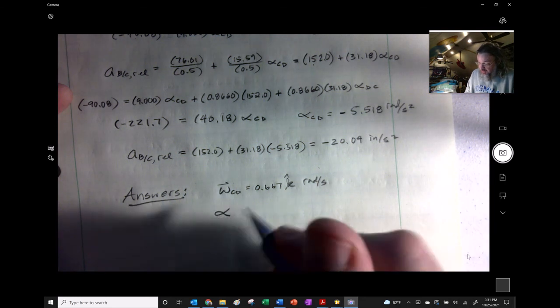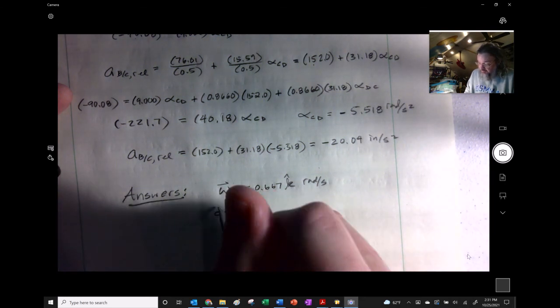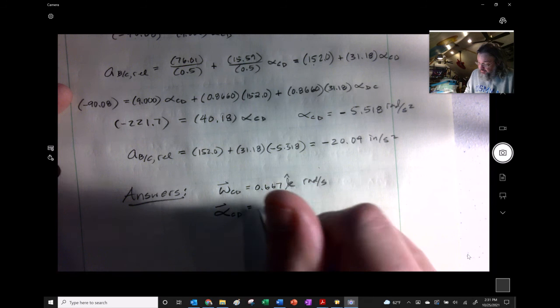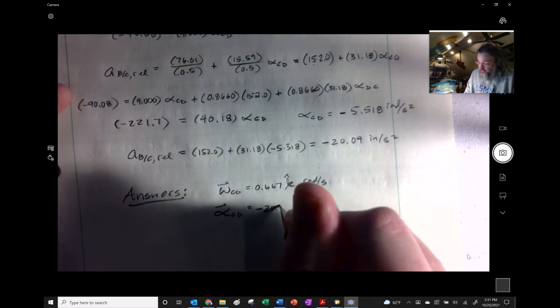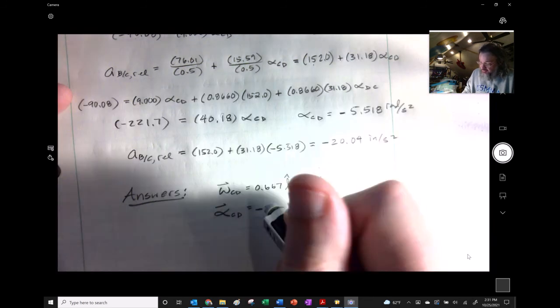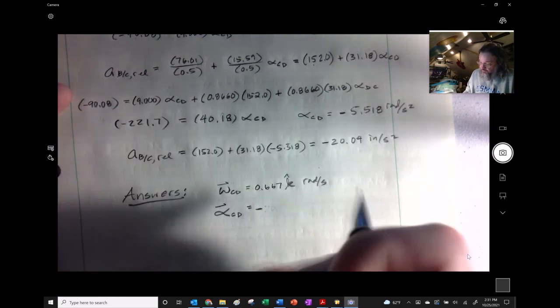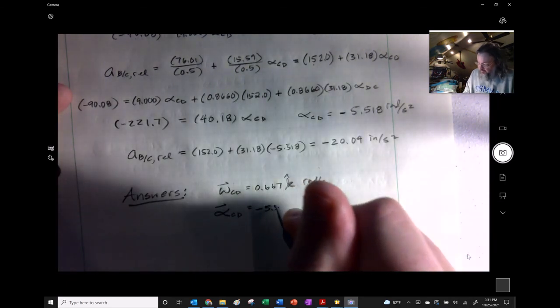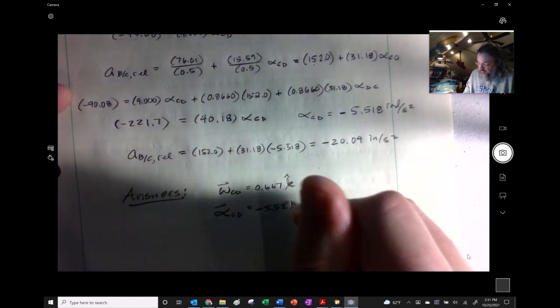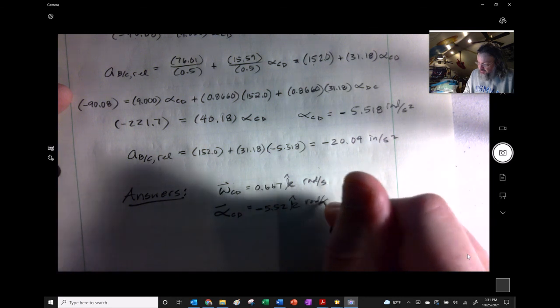And then we could say that alpha CD is negative 5.52 K radians per second squared.